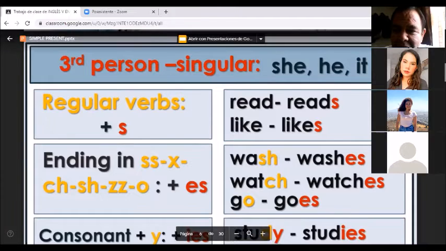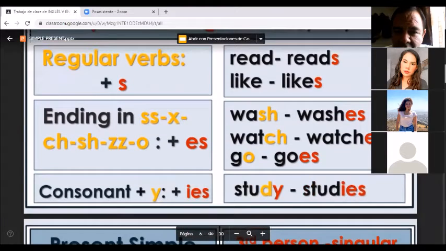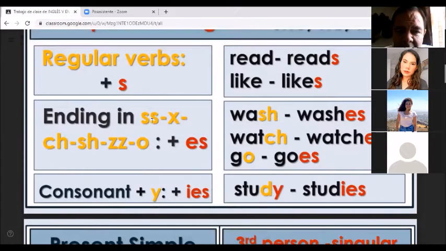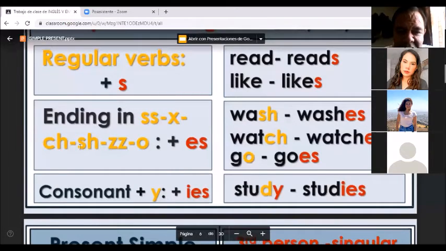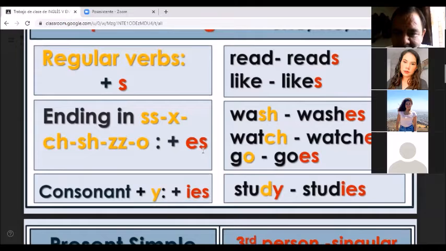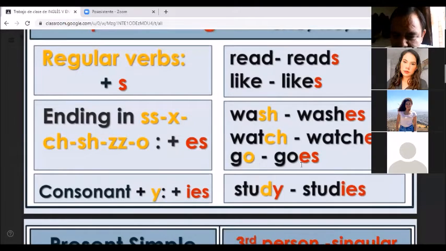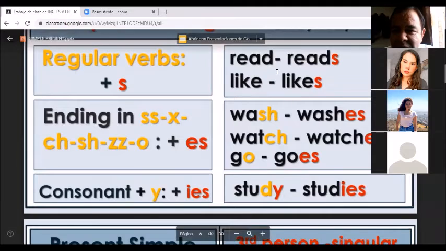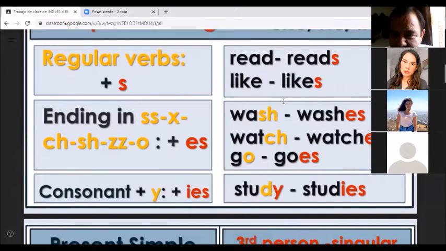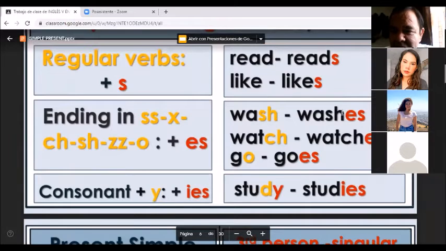The second rule says that if the verb finishes in double S, X, CH, SH, double Z, or O, add ES. Wash, washes. Watch, watches. Go, goes. Check the difference between the first and the second rule: in the first one, we only add S, and in the second, we add ES.